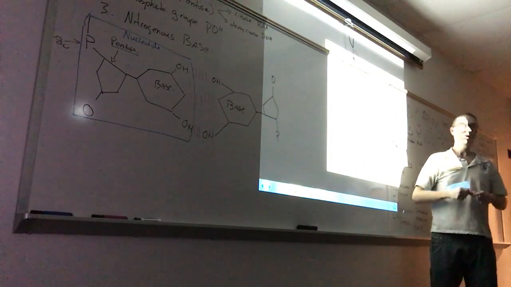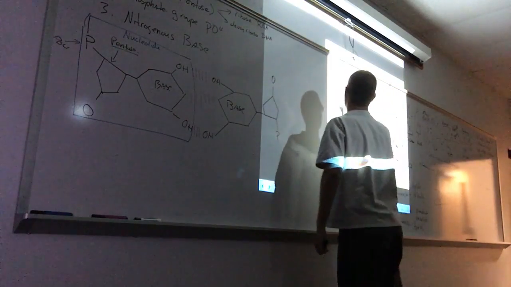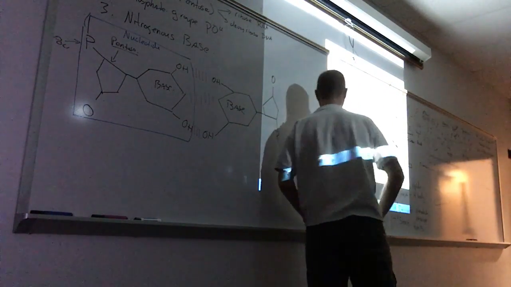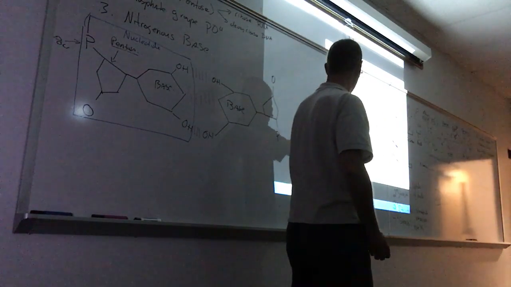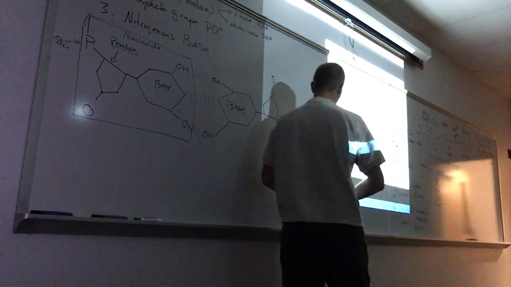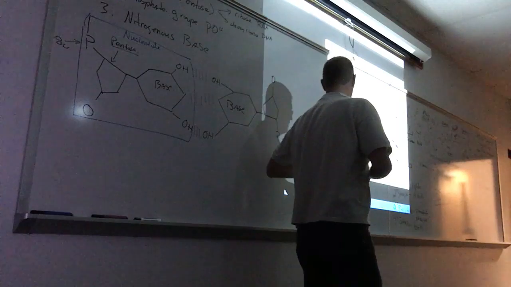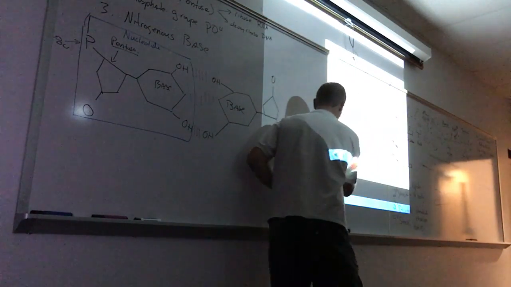So the carbons are also oriented a little differently. That creates where this attachment is on the sugar, where this is attached to the carbon. Right here, this is on the 3rd carbon of that sugar. So this is what we call 3'. If you ever see that, that's a 3'.